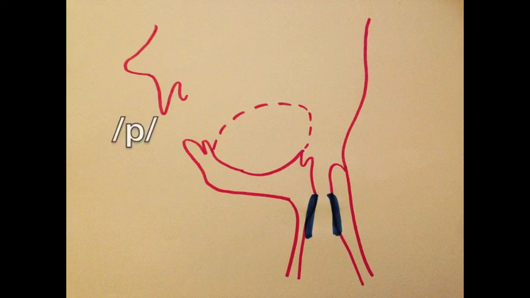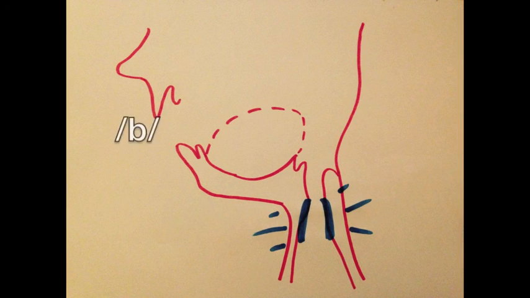B, g, d. So p, k, and t each have a voiced equivalent, b, g, and d.